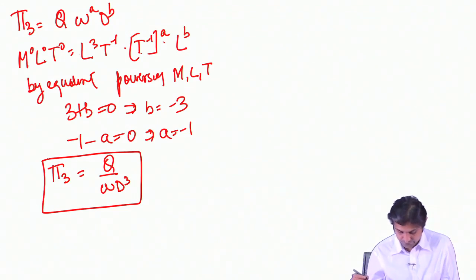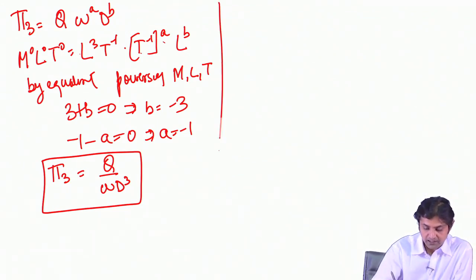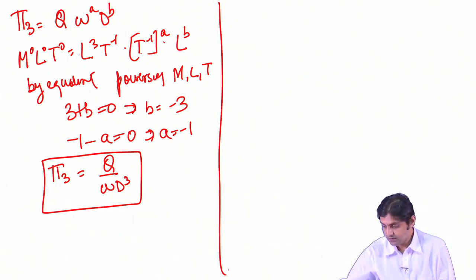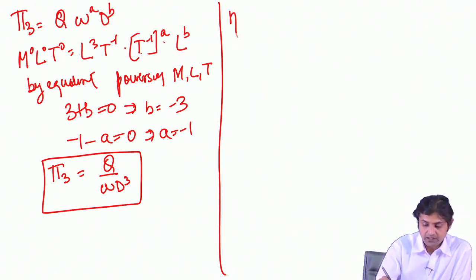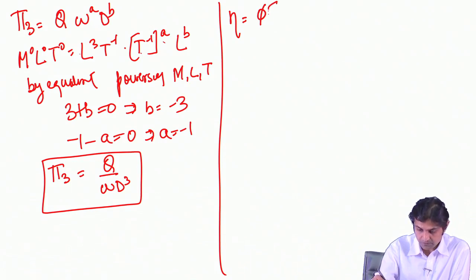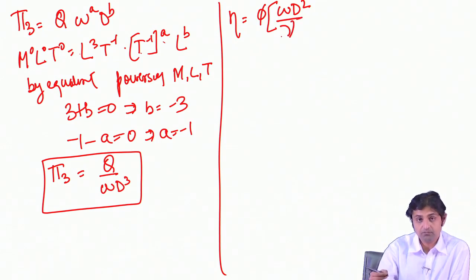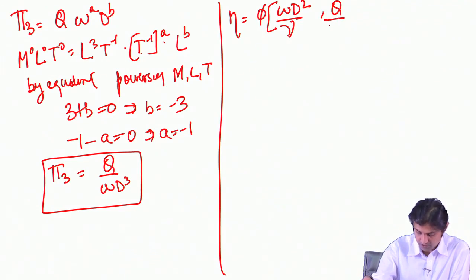All right. So, the final expression is going to be eta as a function of omega d square by nu, or I mean it's 1 by pi 2, and q by omega d cube.